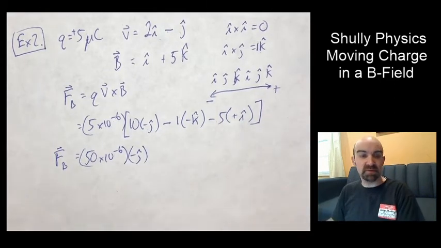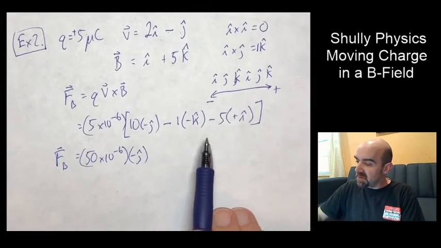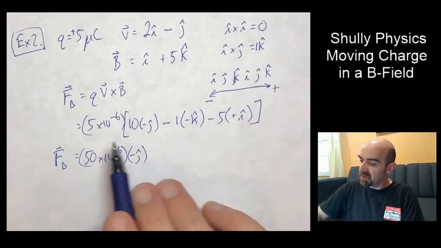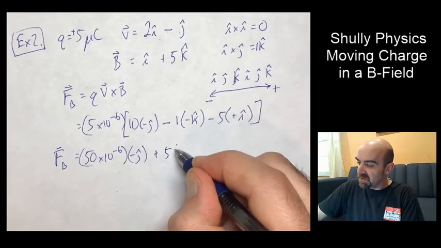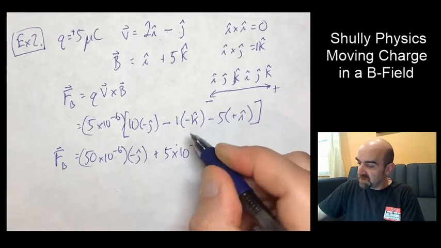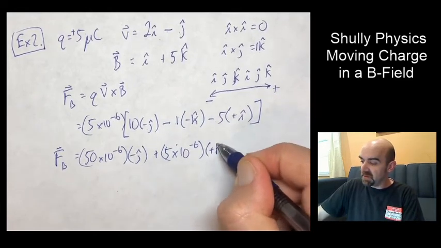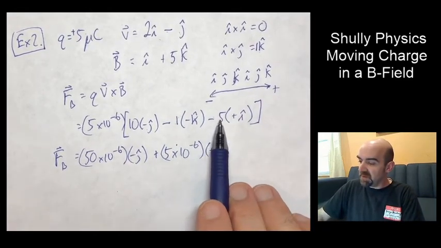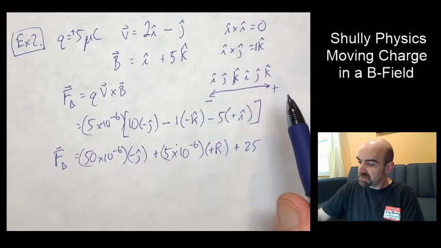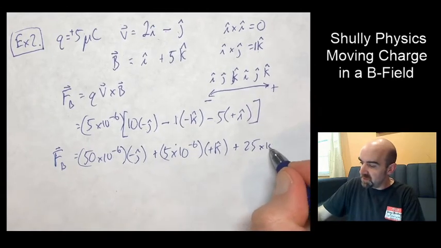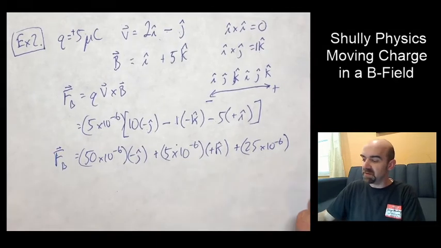So that tells us it points in the negative j direction. And we have a positive k here, times 5, so plus 5 times 10 to the negative 6, just multiplying that by the 1, and a positive k. And we have 5 times 5 is 25 times 10 to the negative 6. Keep them all in the same order of magnitude there, just so they're comparable.